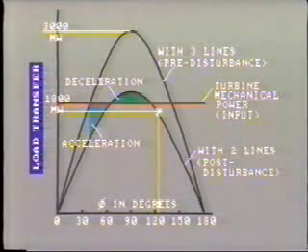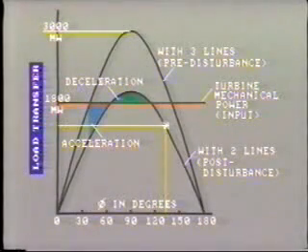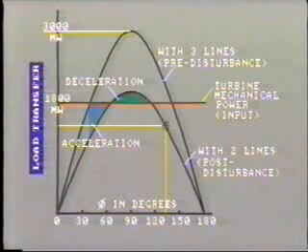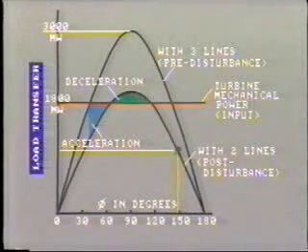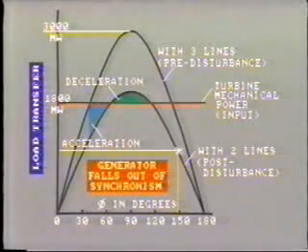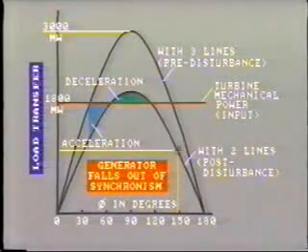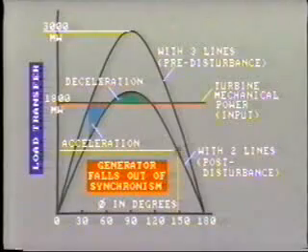So the rotor goes right on advancing and increasing the phase angle. The power transfer has decreased, but the turbine is still inputting 1,800 megawatts of energy, so the rotor continues to accelerate. Thus, the phase angle continues to increase, and the generator will fall out of synchronism with the rest of the system. We'll be looking at this condition in more detail later on in this tape.